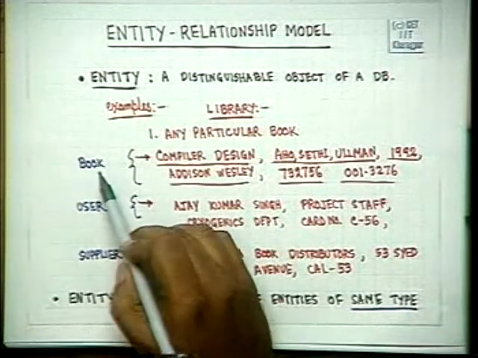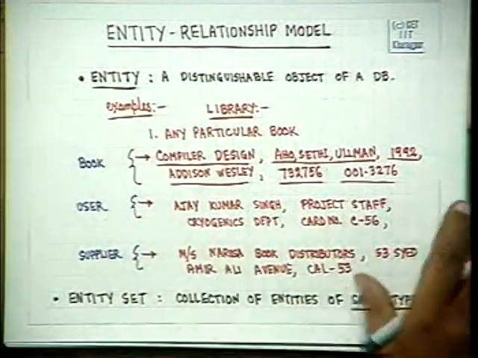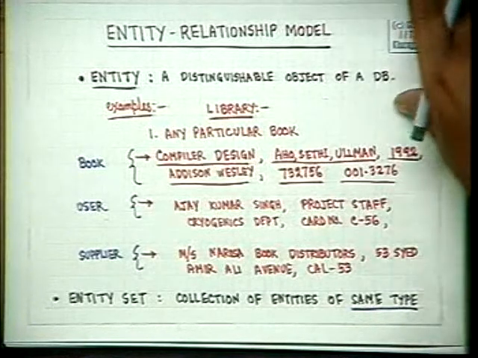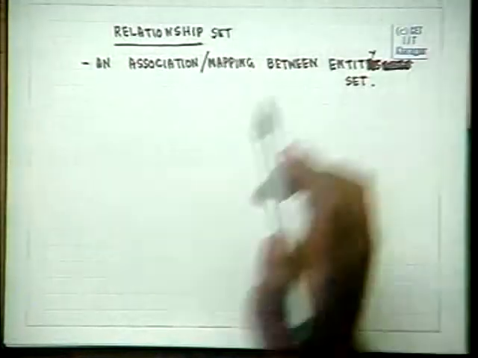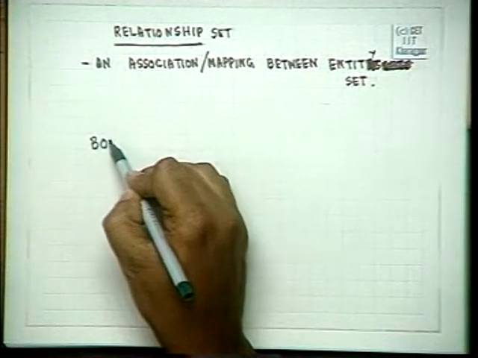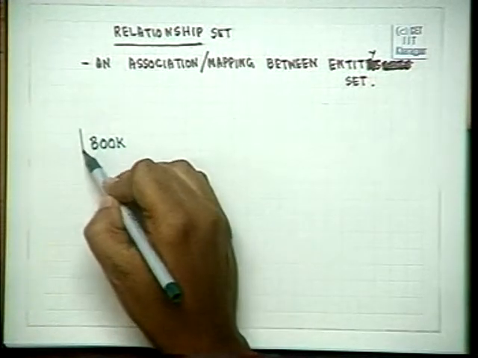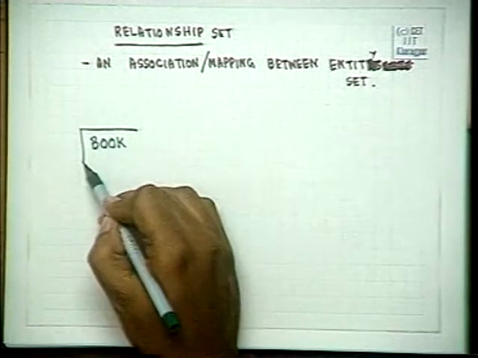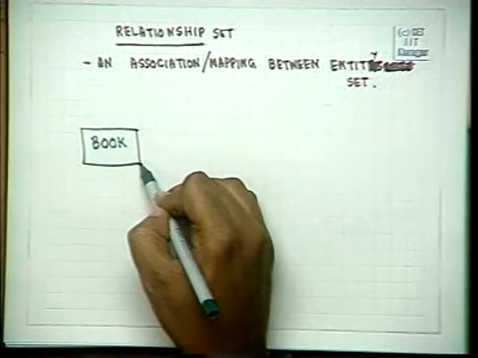In the book and user, we had defined the concept of this relationship. We had the book entity. We diagrammatically represent it like this, as we had seen in the previous day.